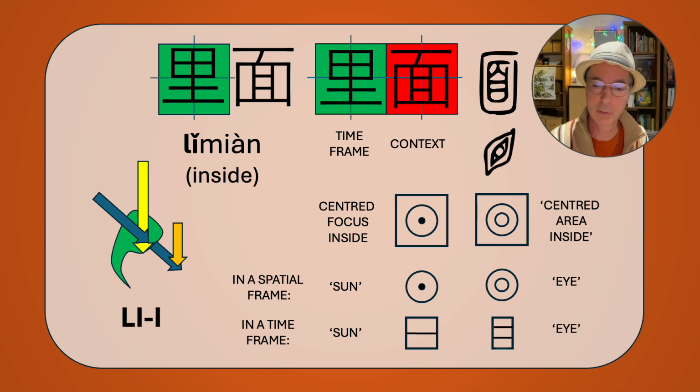I already explained to you the sun. We would symbolically, as a sun center, show it as a circle with a point. In the time frame, it's always in the square. It is presented as a square, the total square, with a line in the middle.